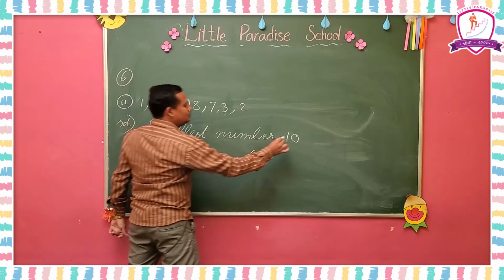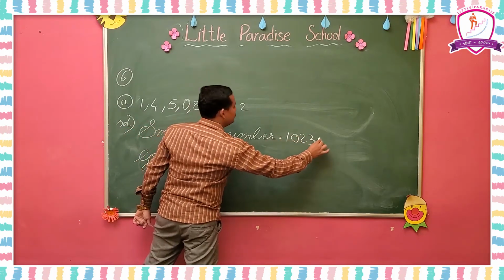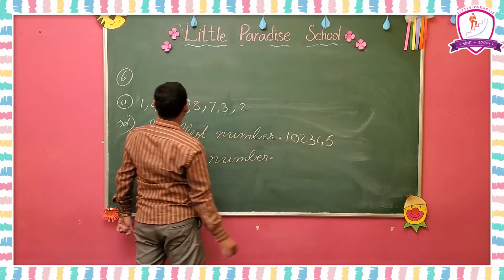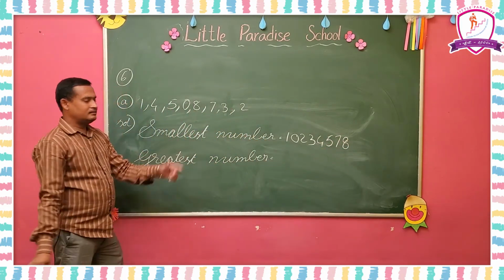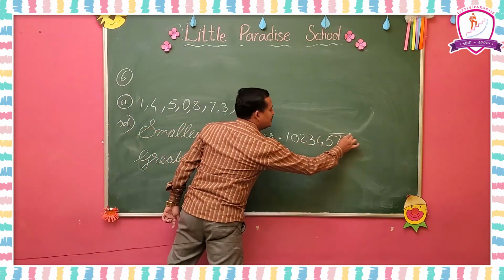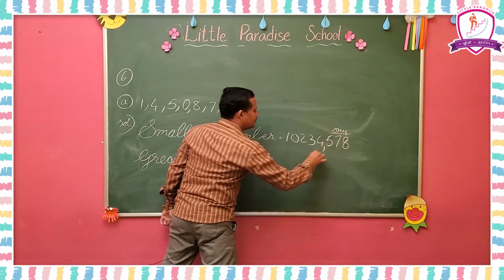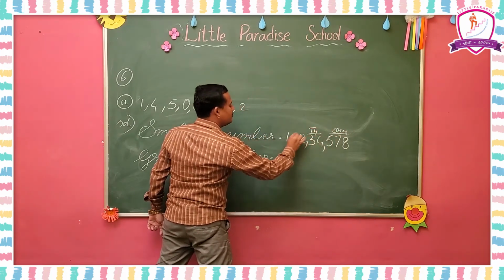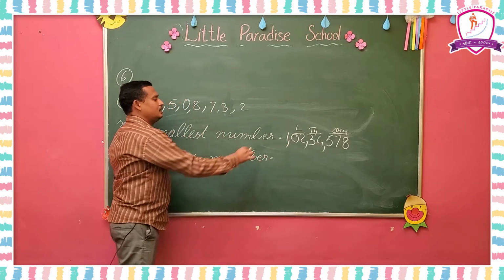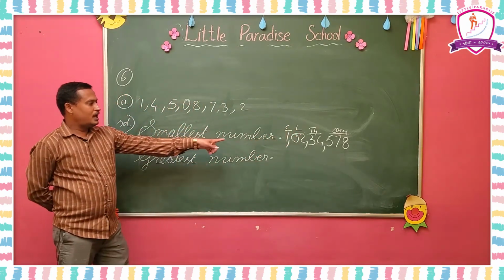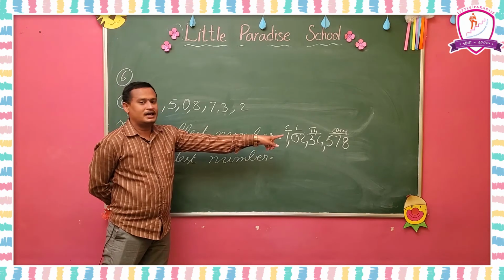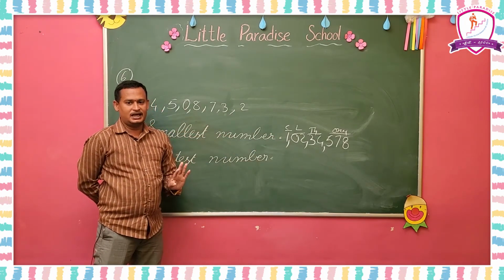Next 2, 3, 4, 5, 7, 8. These are the numbers. So ones period after comma, thousands period after comma, lakhs period after comma, then the crores period. So 1 crore 2,34,578 is the number. Understood?